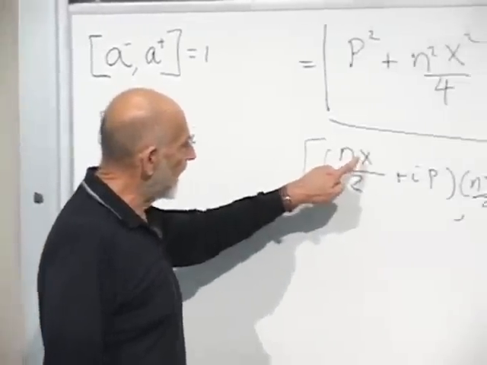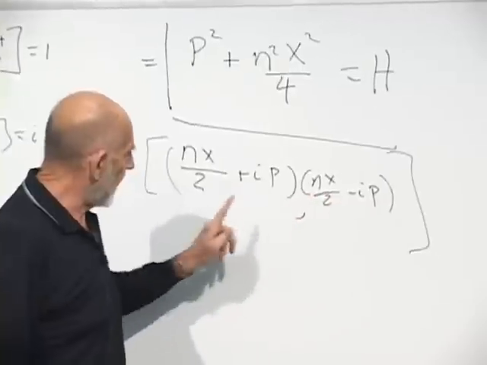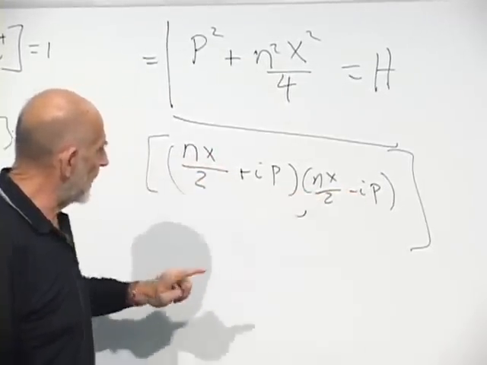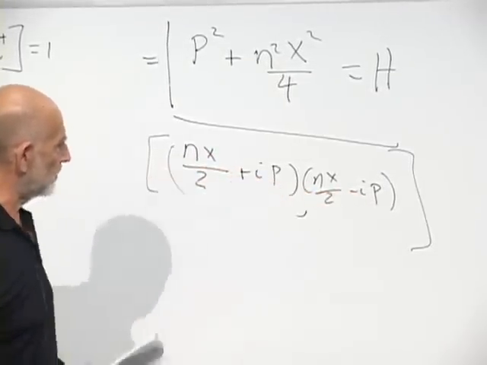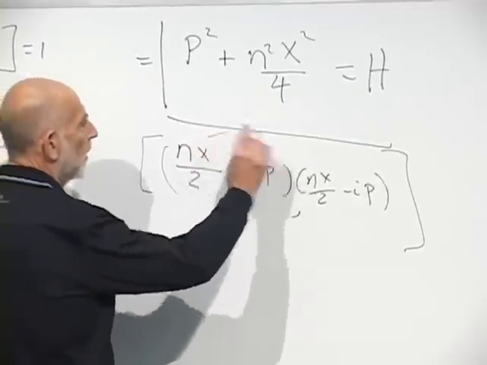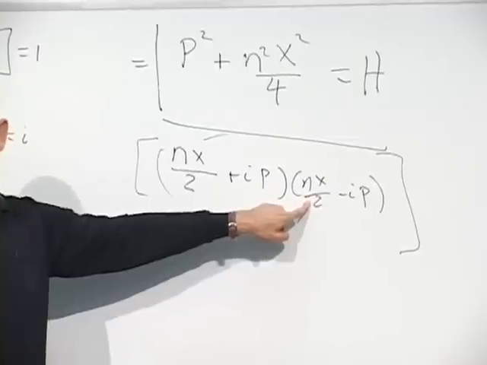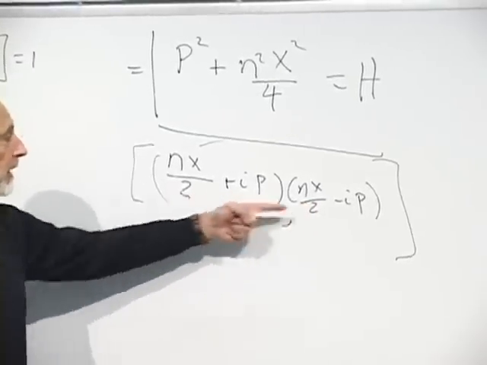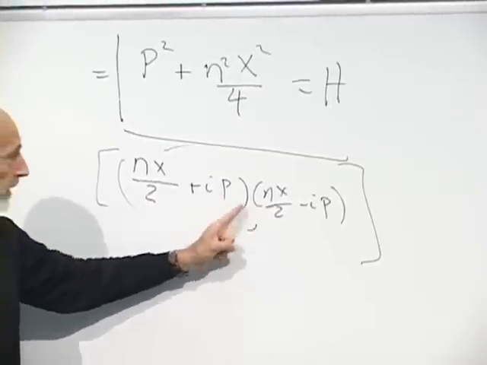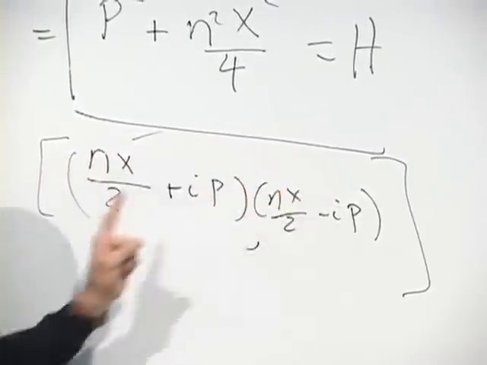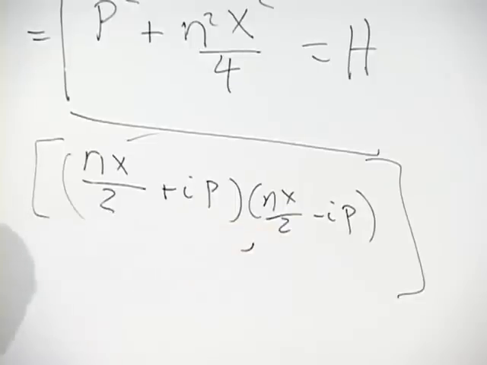All right, now here we have x. We have a commutator of n over 2 minus i times the commutator of x and p. So first of all, what about the commutator between this and this? That's 0 because anything commutes with itself. Likewise, p with p. The only terms are the cross terms, x with p and p with x.